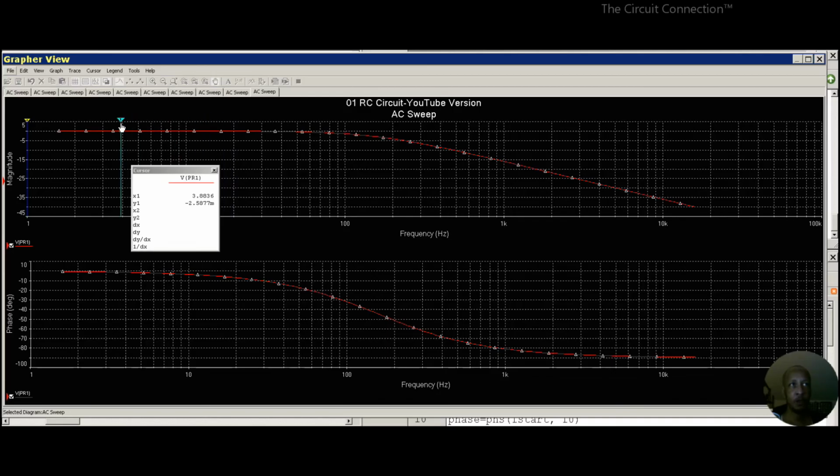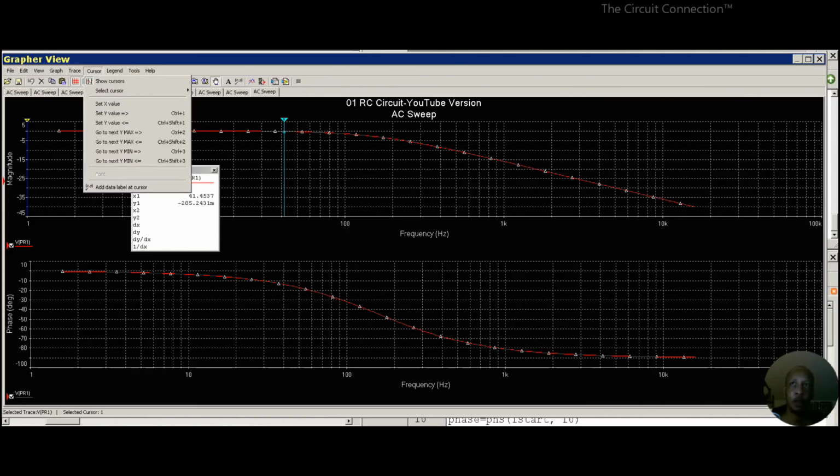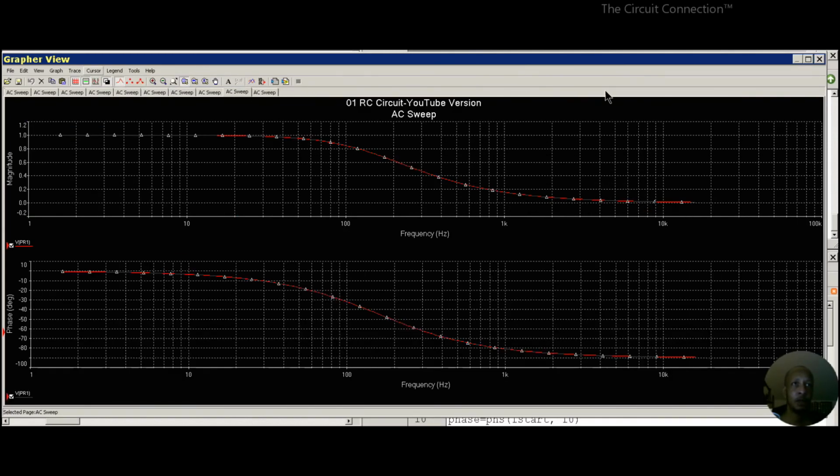So that is it, and I'm not going to get all the way into dB on this lecture. That'll probably be the next one. But until then, that does it for the analysis, and that's pretty much it.